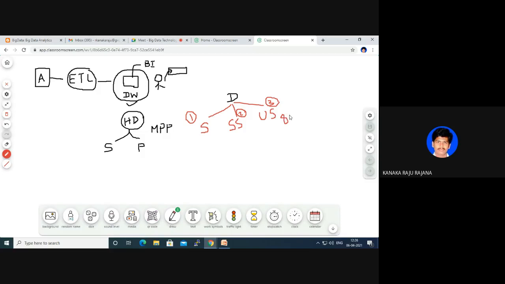That is the reason why nowadays 80% of the information in the market is available only in unstructured mode. The remaining 20% is divided into structured mode 10% and semi-structured mode 10%. Is this clear, Amma? Any more doubts?